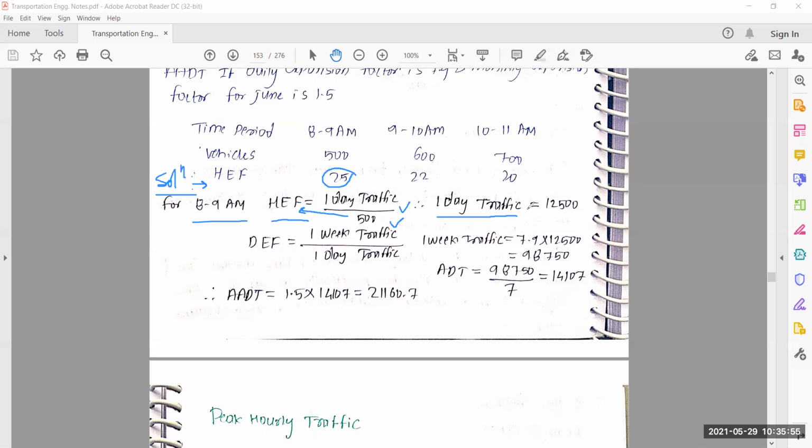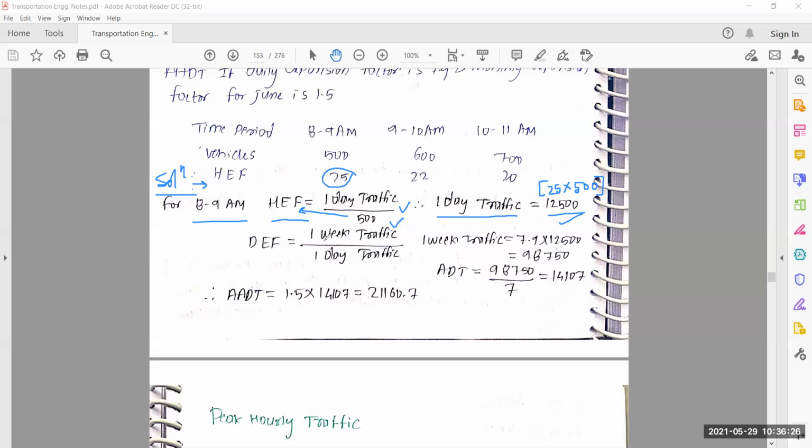So if we multiply 25 with 500, we get 12,500. So from here we find 1 day traffic.